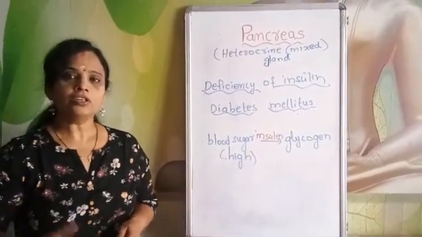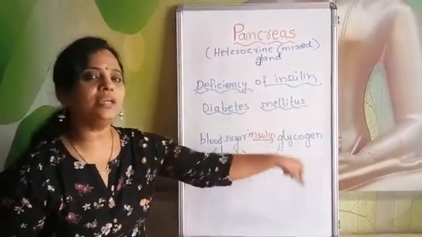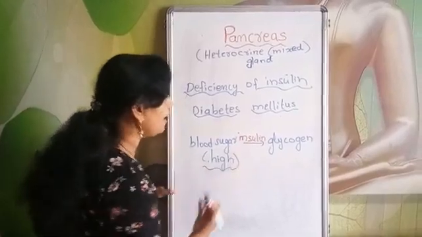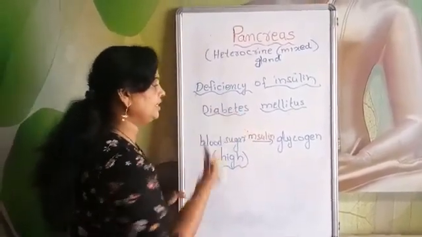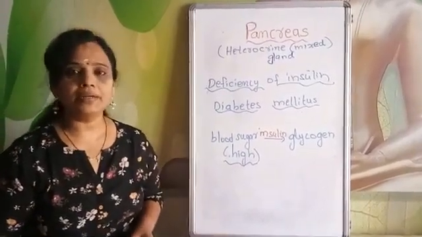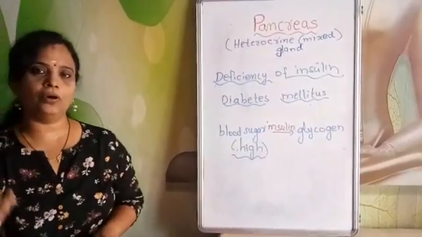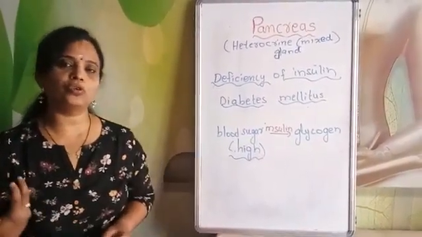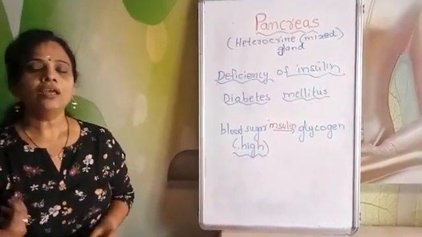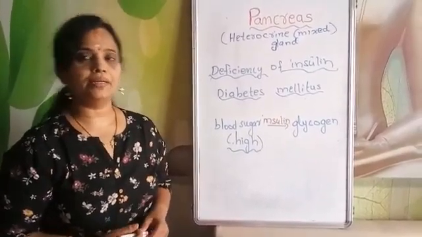So the sugar level in the blood remains high, and in that condition we get a disorder which we call diabetes mellitus. It's a sugar disorder: a high amount of glucose or sugar in the blood, and that diseased condition we call diabetes mellitus.